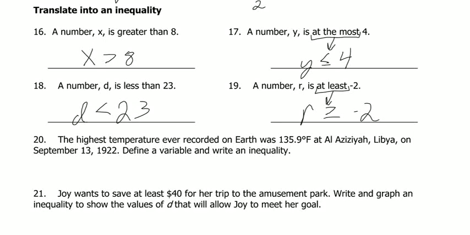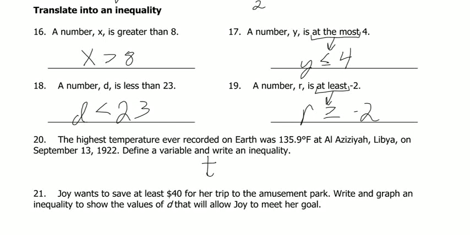So, the highest temperature ever recorded on Earth was 135.9 degrees Fahrenheit at Al-Azizia, Libya, on September 13th, 1922. Define a variable and write an inequality. For things like this, I would want to use something like T for temperature.